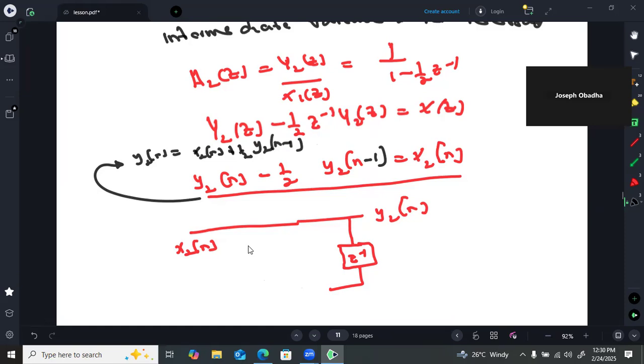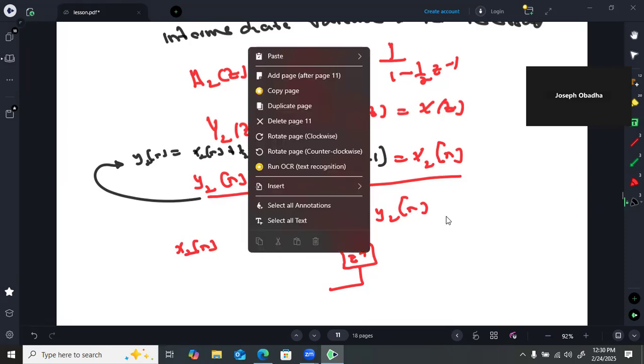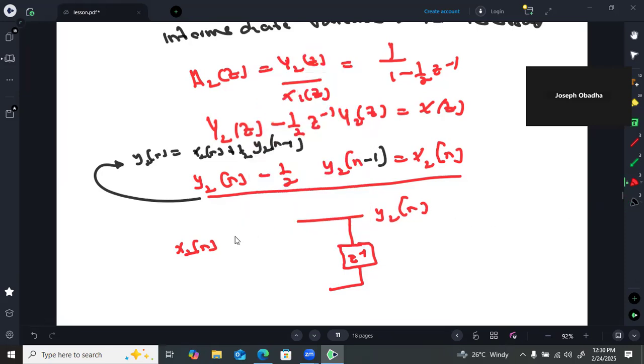Then after delaying it, I add it to X2 of n, to get the Y2 of n. So that here I have a half. So this is what I will have.